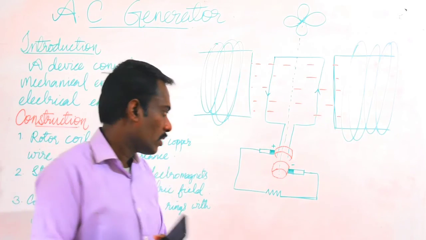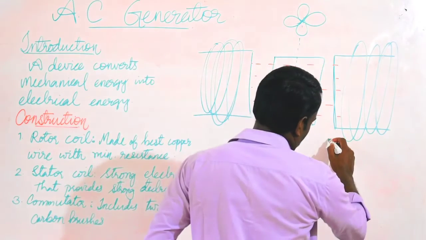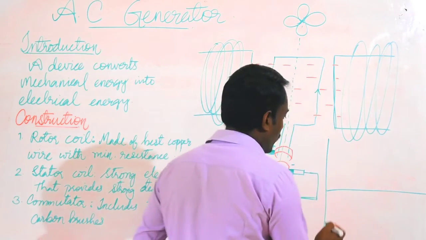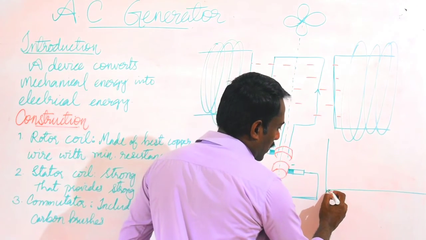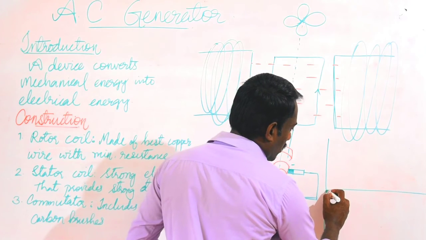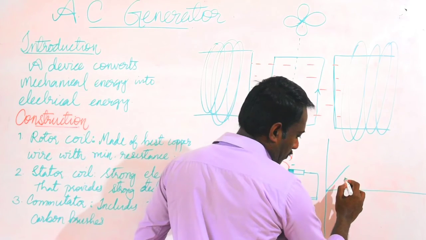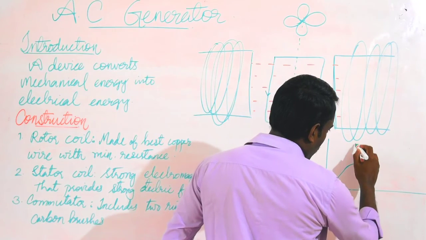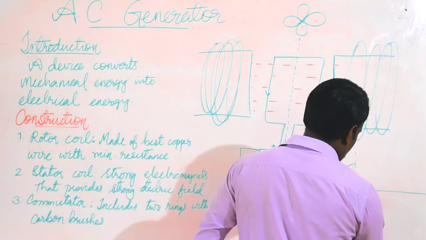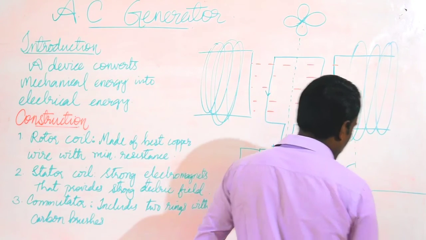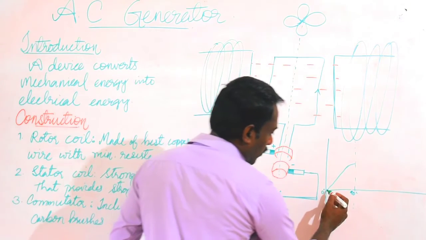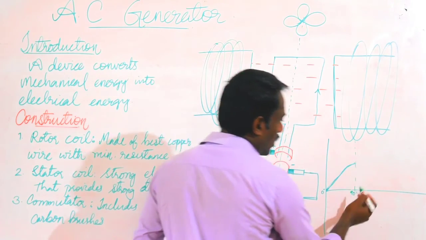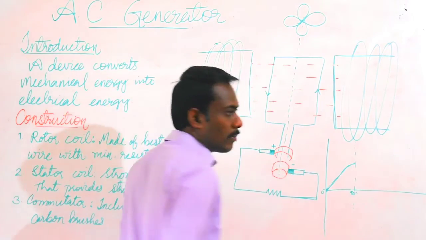When we plot a graph, in the first half the magnetic flux drops, and the angle changes from 0 degrees to 90 degrees. At 90 degrees the change in the magnetic flux is maximum, that is, the induced current produced here will be maximum.